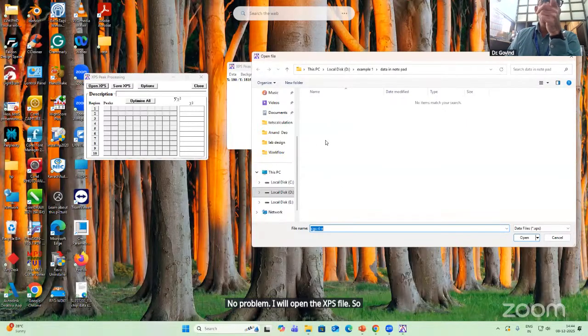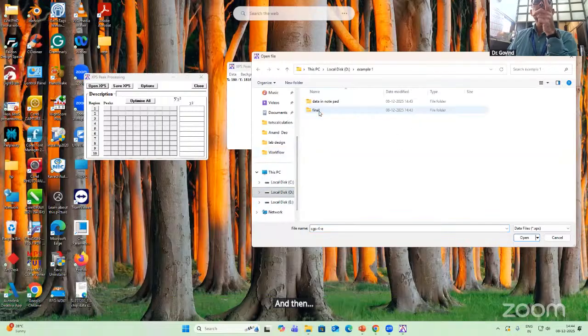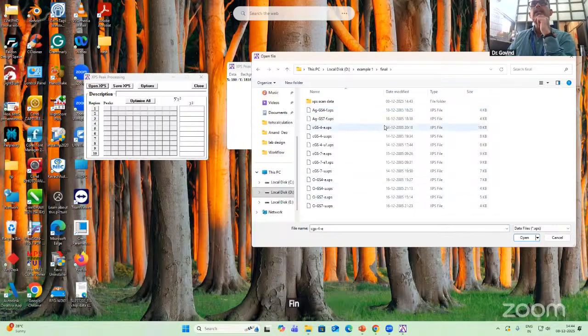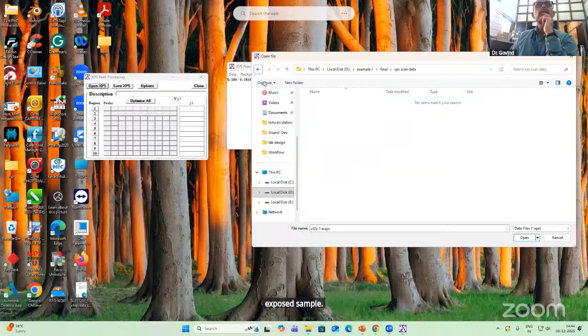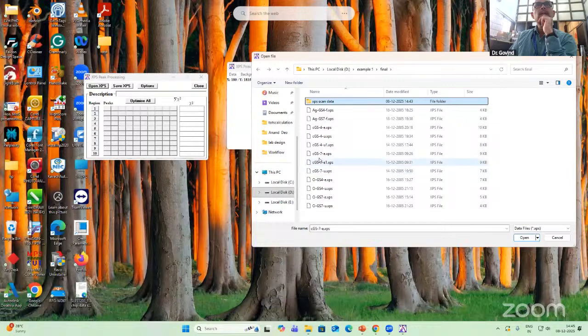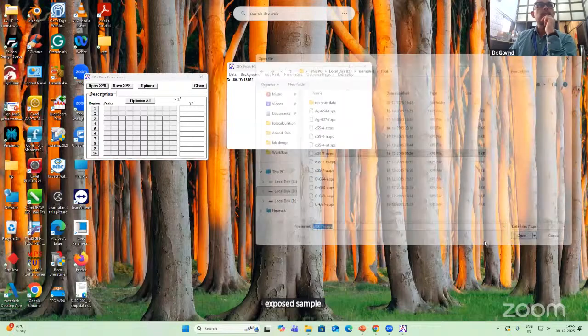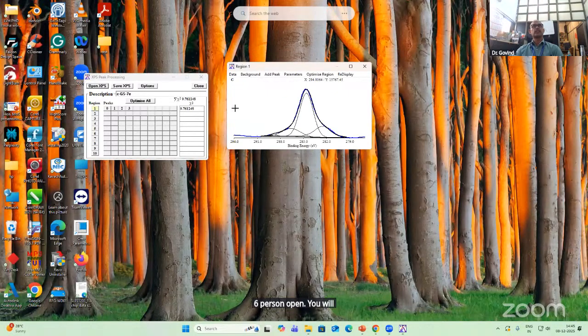So you have to open the notepad file here and then the example final, and there is an XPS file. I want to show the exposed sample. Open. You will get this kind of structure.